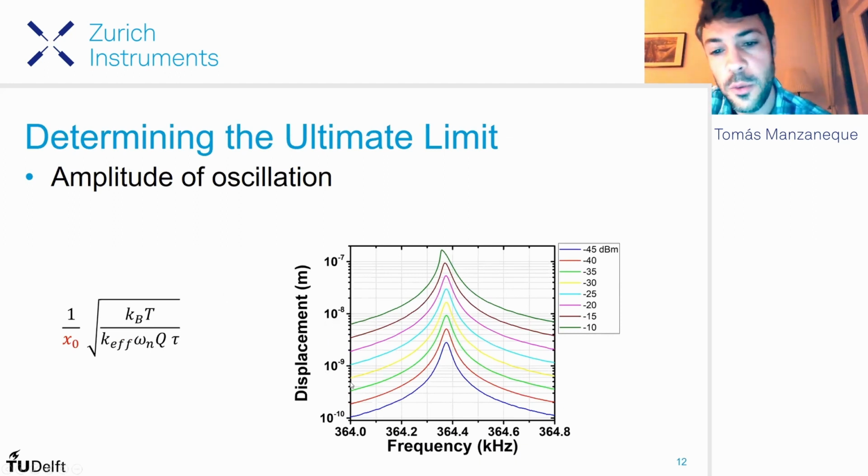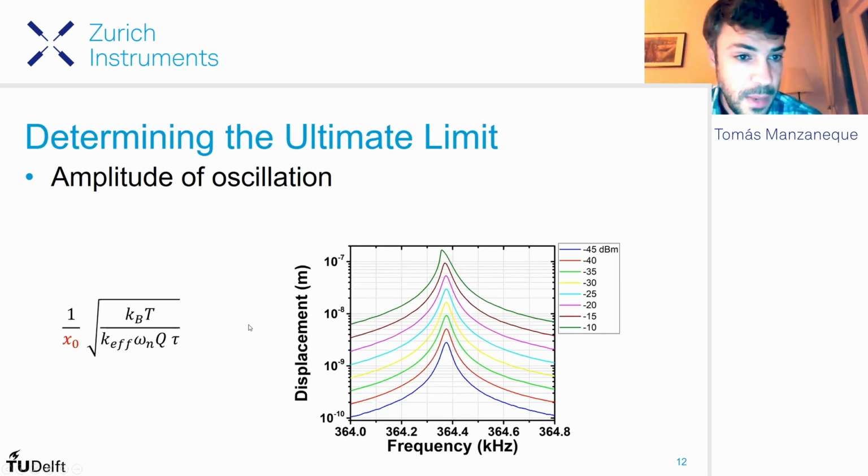To know that limit, we can do frequency sweeps for different actuation powers. We'll see that the resonance starts to bend either to the left or to the right. This is a nonlinear behavior that we call Duffing behavior. When this starts to happen, the Allan deviation will be much bigger than this due to the nonlinear phenomenon, so we need to stay away from this part.